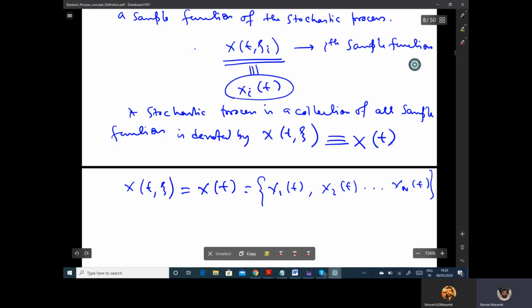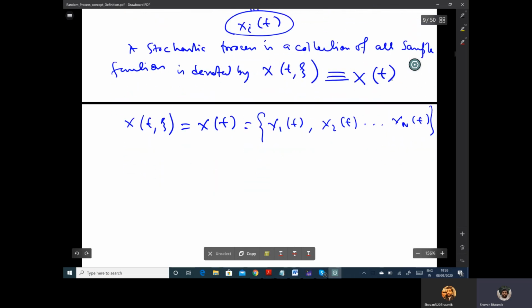It's called the sample function, and the collection of all the sample functions is called the random process x(t). So zeta is silent here.